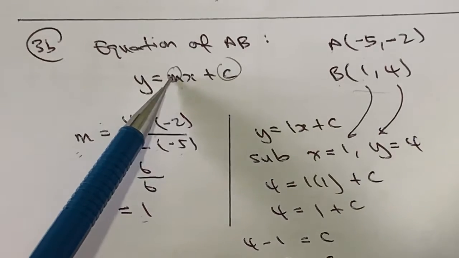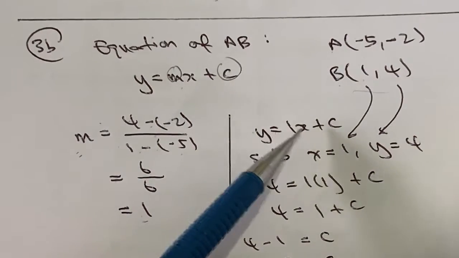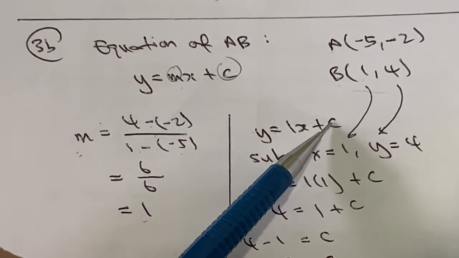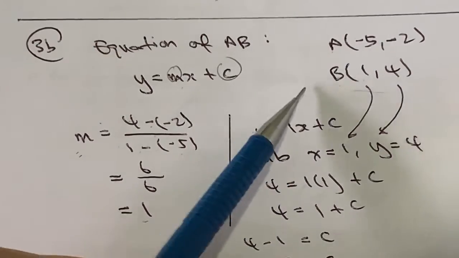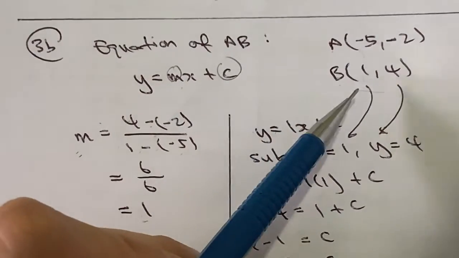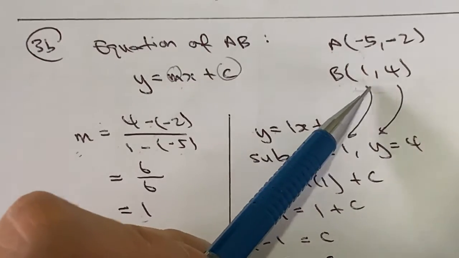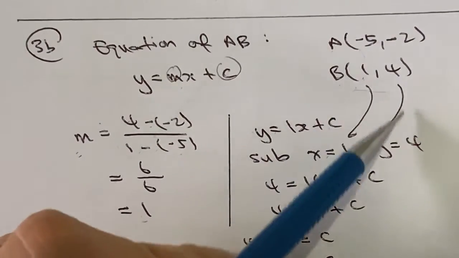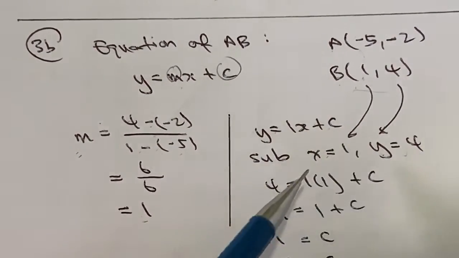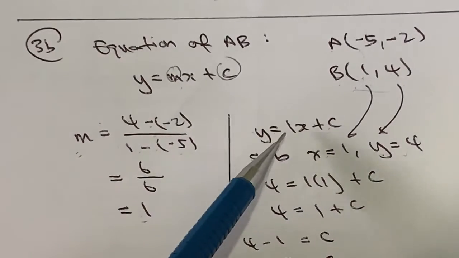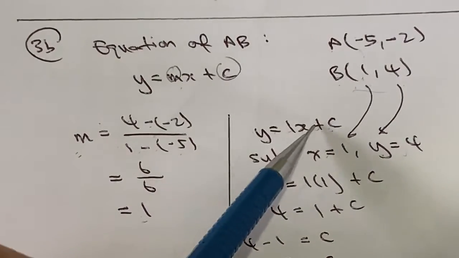So replace the M by 1. I have y equals to 1x plus c. To get c, I will use one of the points. So 1, 4 is a good choice. So x equals to 1, y equals to 4. Substitute into the equation y equals to 1x plus c.